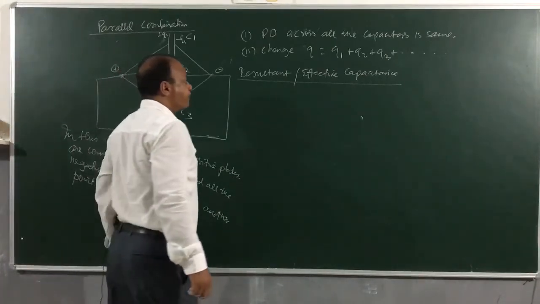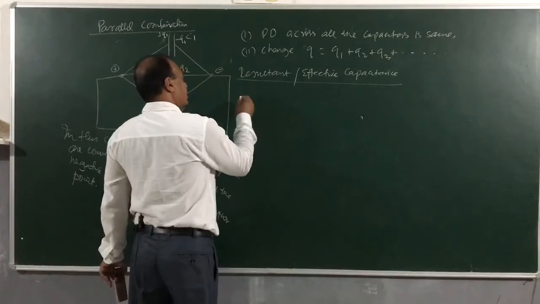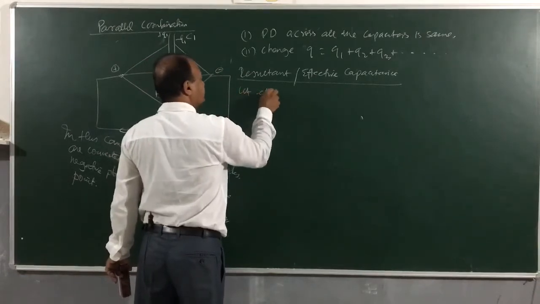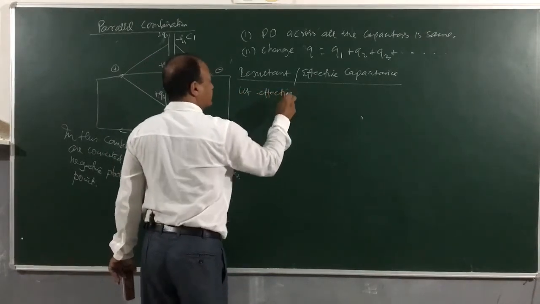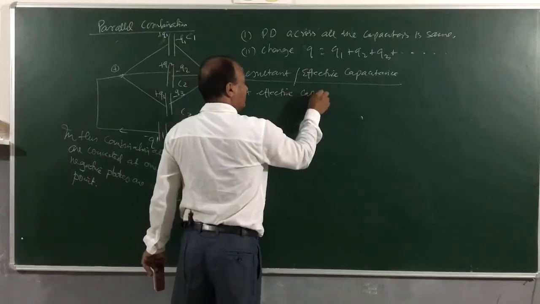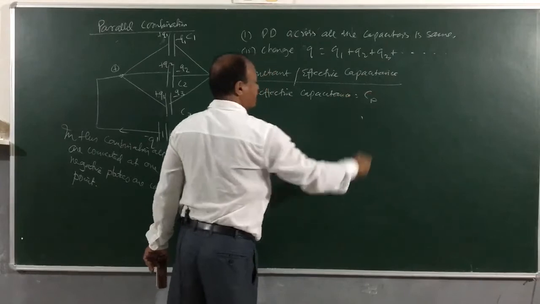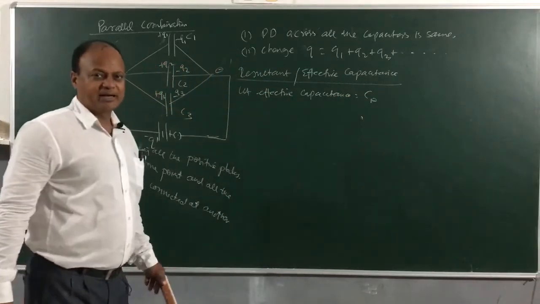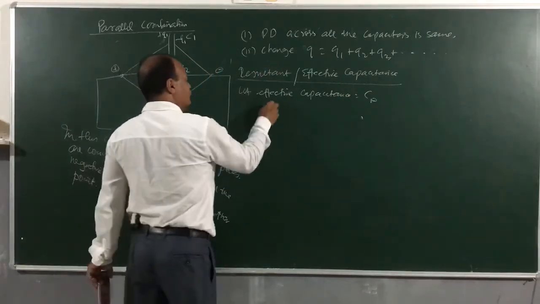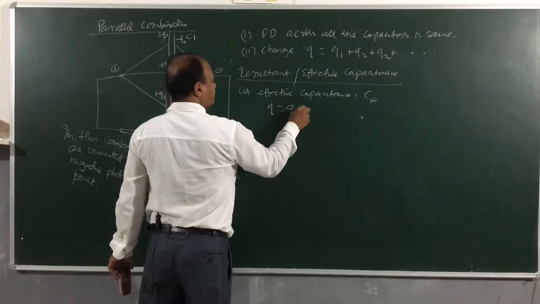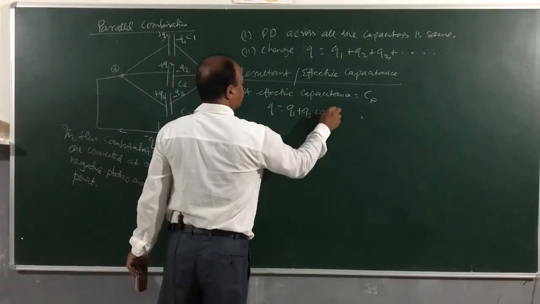Here, let the effective capacitance be equal to Cp, C for capacitance and P for parallel. Then here we have Q is equal to Q1 plus Q2 plus Q3.